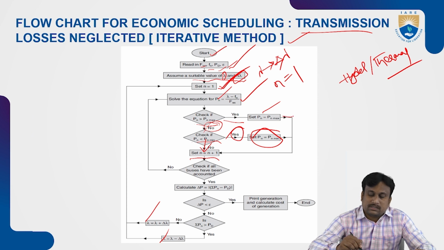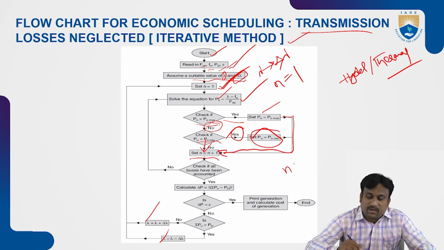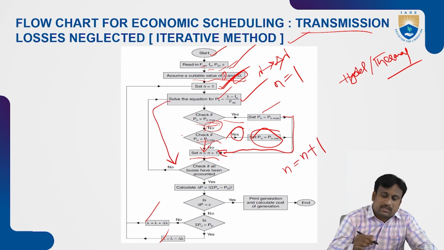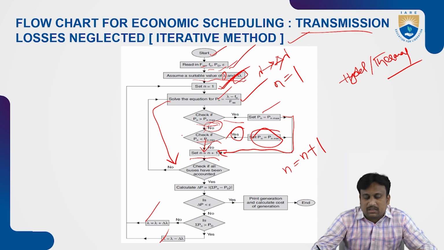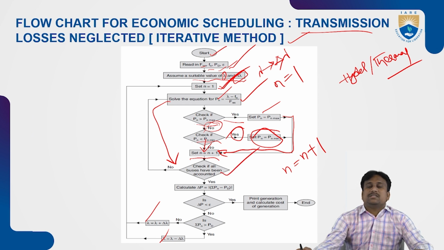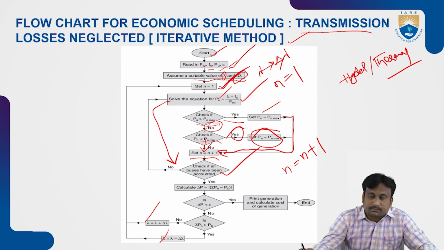So this cyclic process will take place until all the units are covered. Then check whether all the units have been taken into consideration or not.